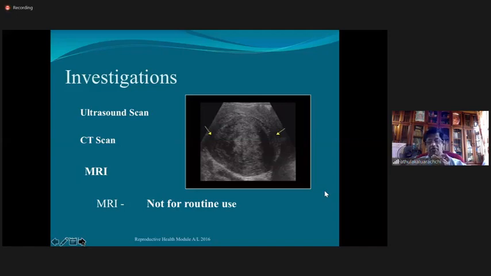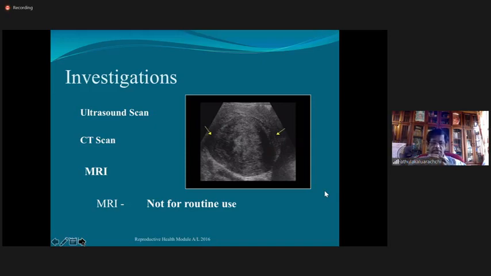The commonest investigation that's done for any suspected pelvic mass is the ultrasound scan. Once the ultrasound scan is done, and if you have uncertainties with the findings, then you have the option of proceeding to the next investigations like a CT and MRI.